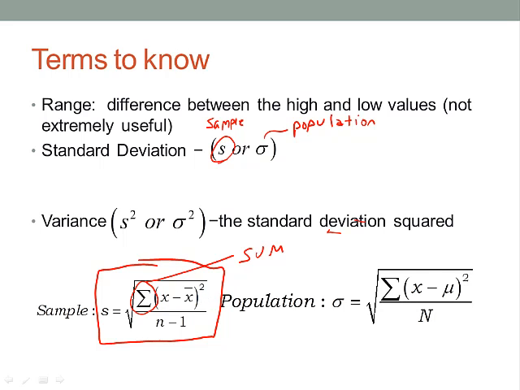Add up all of those, divide by n minus 1, where n is the number of items in my data set, and then take the square root of all that. Population is very similar, except we're going to divide by n rather than n minus 1. We use the Greek letter mu to indicate this is the population mean.